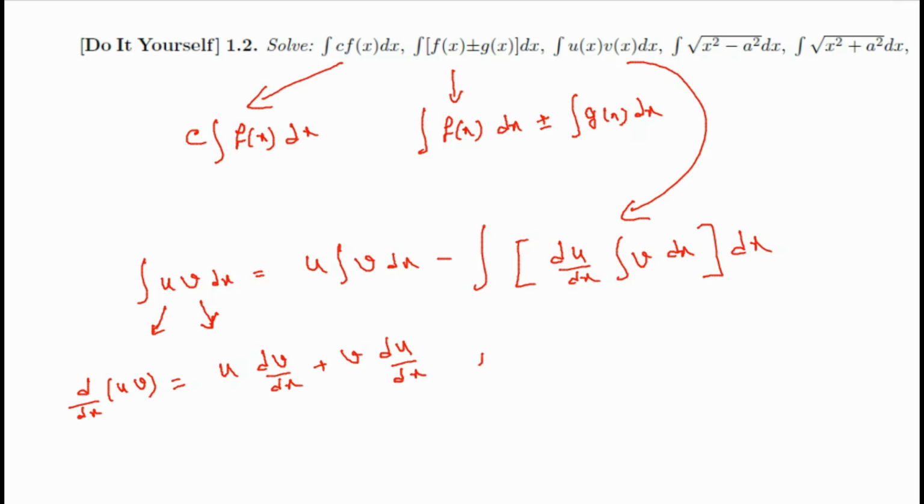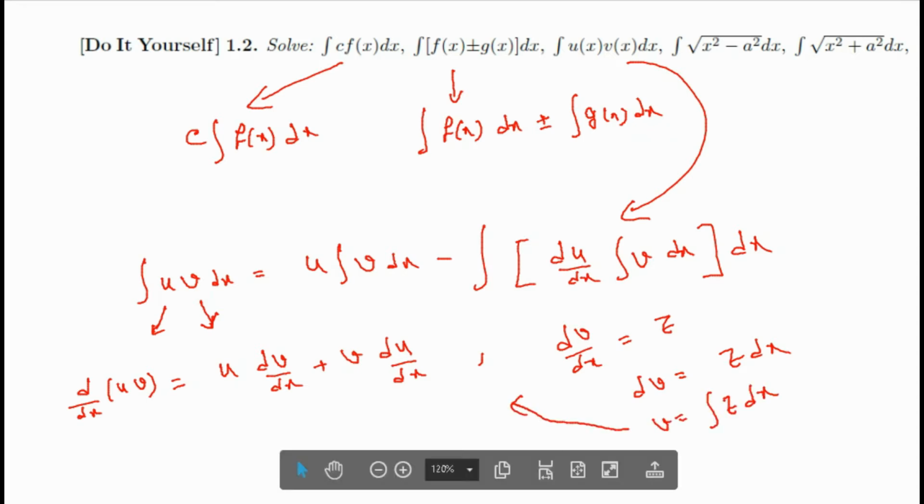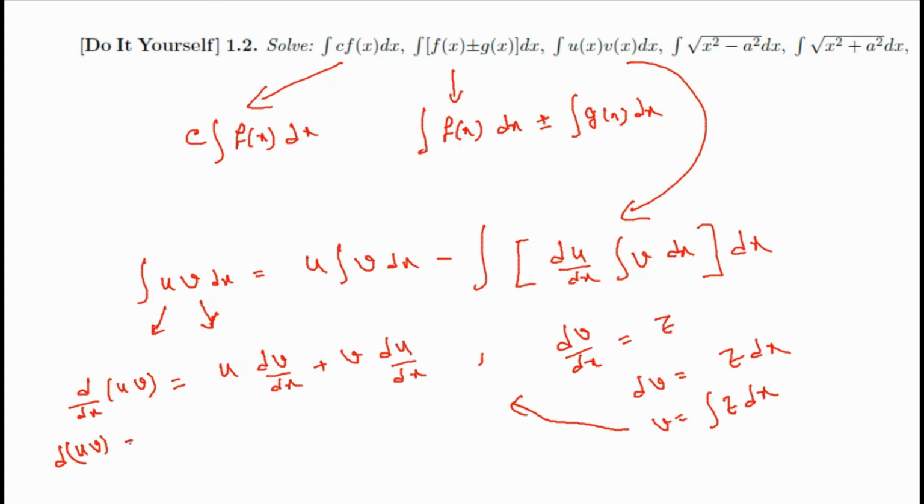Here, if we put dv/dx equal to z, that is dv equal to z dx or v equal to integration z dx, then we get d(uv)/dx equal to u z plus du/dx integration z dx.